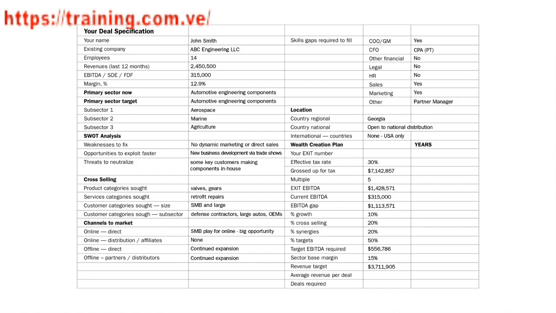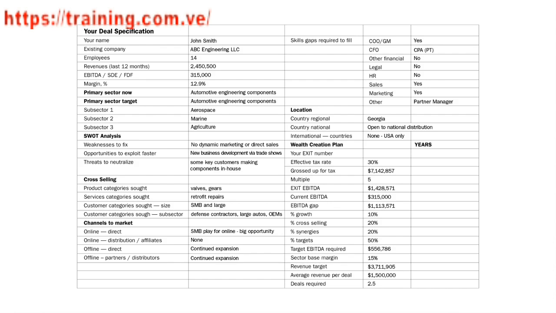That's $3.7 million and change. That could be one deal or it could be several. Assume that John's average target deal size is $1.5 million in revenues. That would mean essentially 3 deals to hit the big magic $5 million number after tax in 5 years, all assumptions accepted. And that's the deal specification.